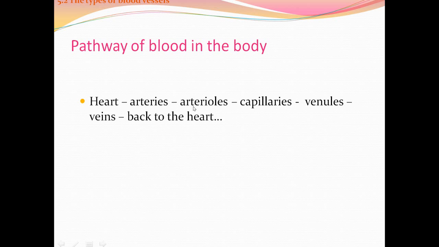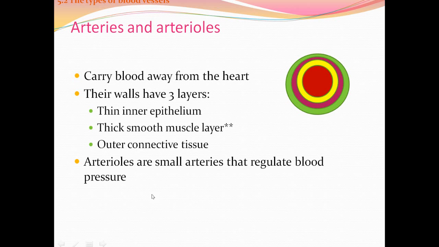Then arterioles are little arteries that you can't see with your naked eye, so you'd have to use a microscope. Capillaries, which is where gas exchange occurs, and then the blood leaves the capillaries, goes back to the venules, and back to the veins, and then to the heart. So venules are little veins. Okay, so we're going to talk about these right now.